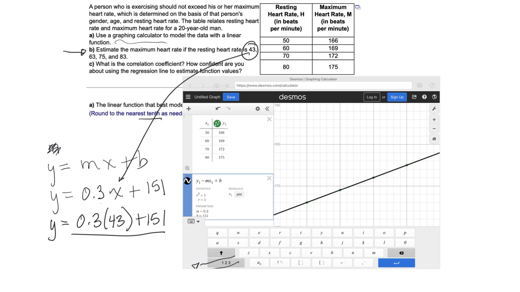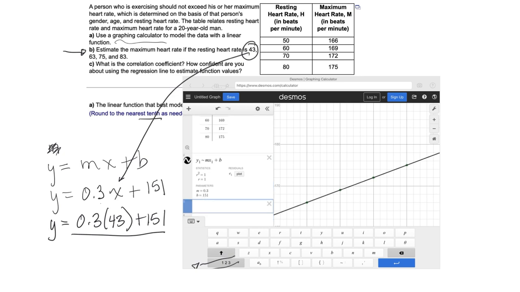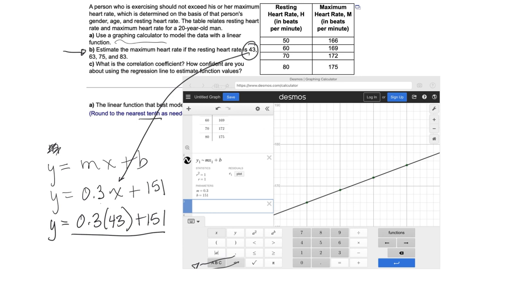Another way to do that same thing is in Desmos, down below here, type the equation x equals, and whatever that number is, 43. And so you see where the red line, that's 43, intersects the Desmos line.